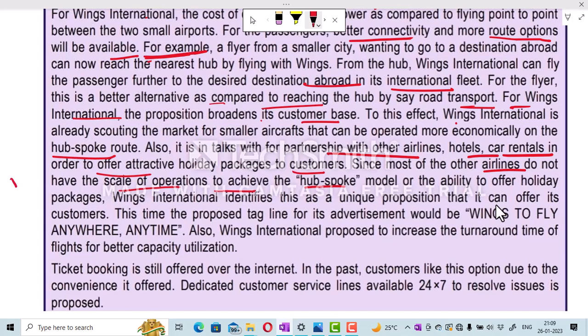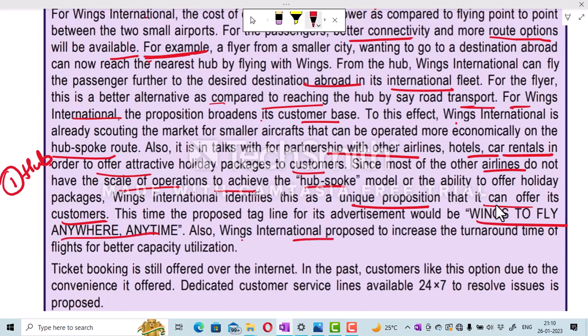So others are not having this facility to maintain the hub spoke. Because Wings has been a hub for many decades, they are able to offer more discounts and more hub spokes. They have a tagline of Wings to fly anywhere, anytime.